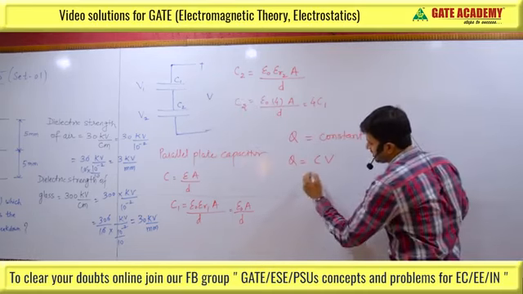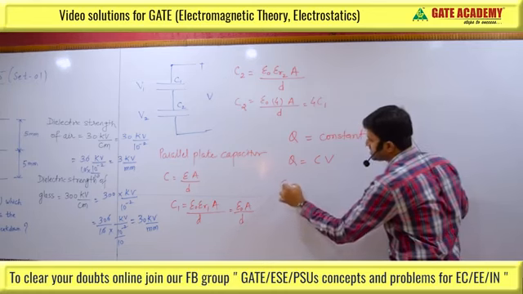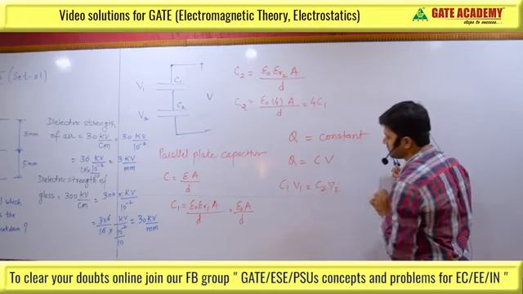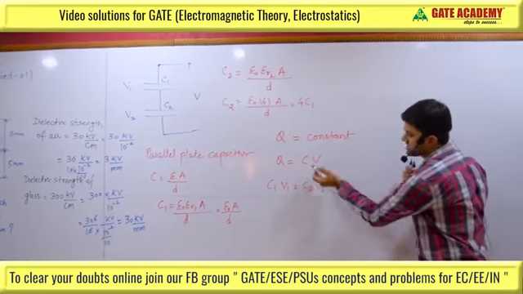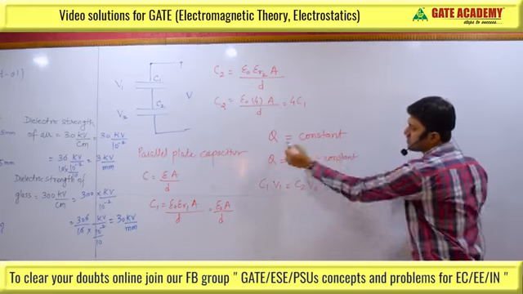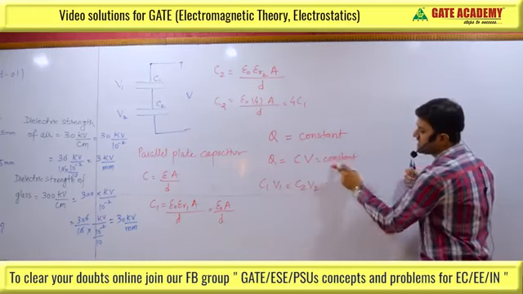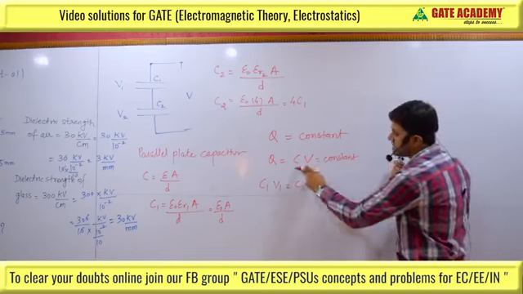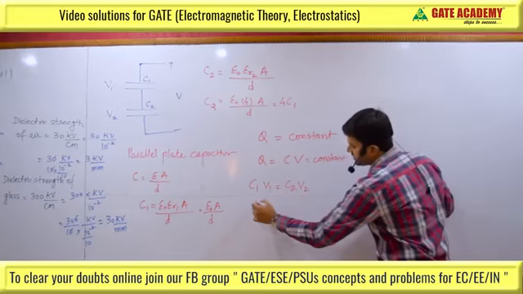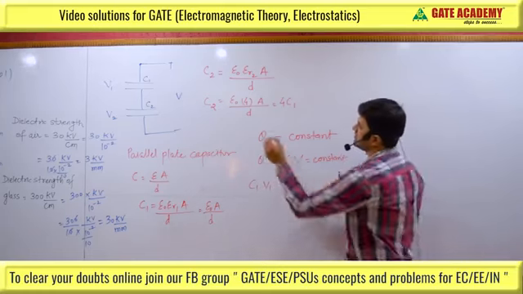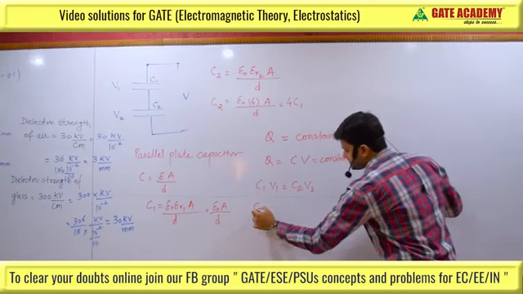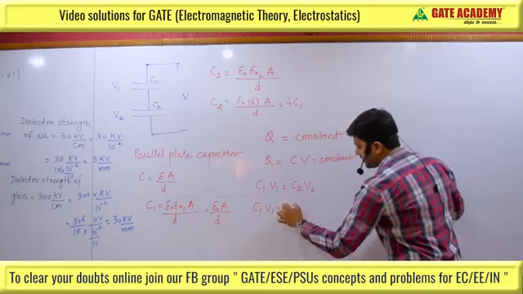So we can also write it as C1 V1 equals C2 V2, because Q is constant, so Q equal to CV will also be constant. So C1 V1 equals C2 V2, and we have calculated that C2 equals 4 C1.